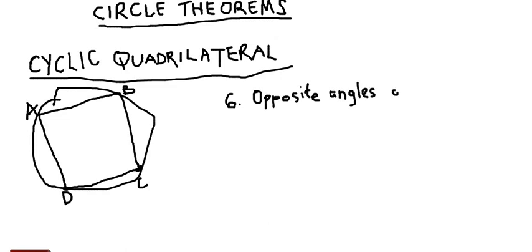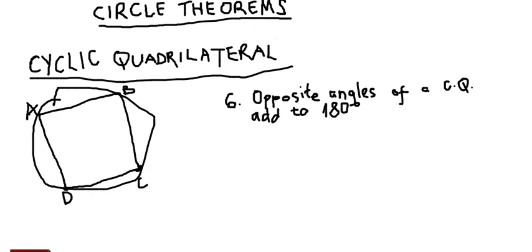Let me just abbreviate this as CQ, cyclic quadrilateral. They add up to 180. Okay, so that is theorem number 6.